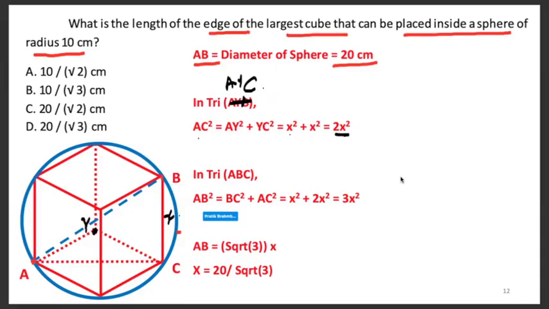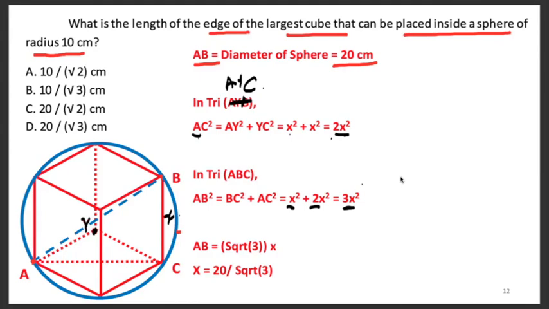AB square, which is the hypotenuse, is equal to BC square plus AC square, which are the two sides. One is, of course, the hypotenuse AC square. AC square value I already know, which is 2X square. BC square value I know, which is X square. So it comes out to 3X square, the hypotenuse AB square. We also know that AB is the diameter, which is 20 centimeter.